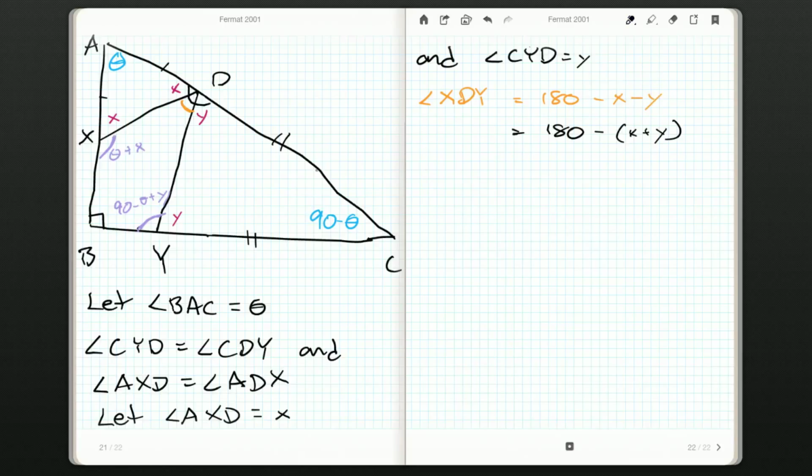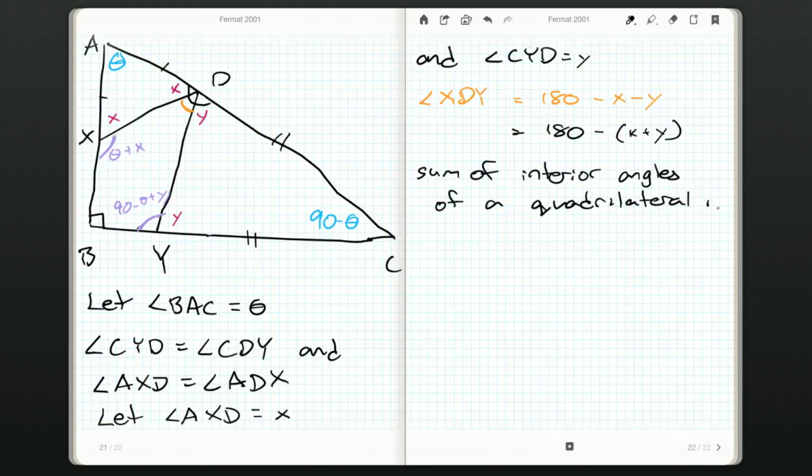Well, I have a quadrilateral here, and the sum of the interior angles of a quadrilateral is always 360 degrees. Imagine a square or a rectangle or any parallelogram.